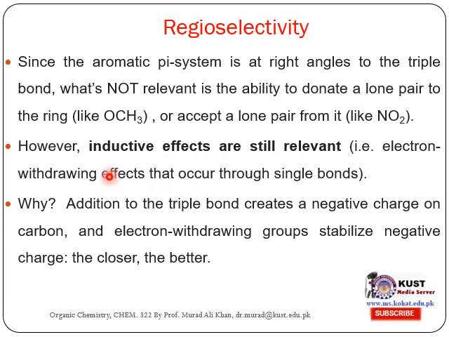That is, the electron withdrawing effects that occur through single bonds. Why? Addition to the triple bond creates a negative charge on the carbon, and an electron withdrawing group stabilizes this negative charge. The closer the electron withdrawing group, the better it will stabilize the negative charge.